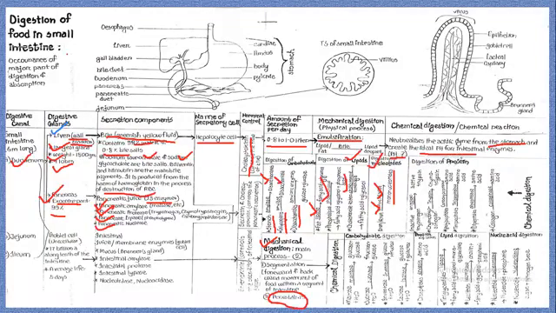Digestion of protein: here we see the inactive trypsinogen. Inactive trypsinogen is activated by the enterokinase enzyme into active trypsin.